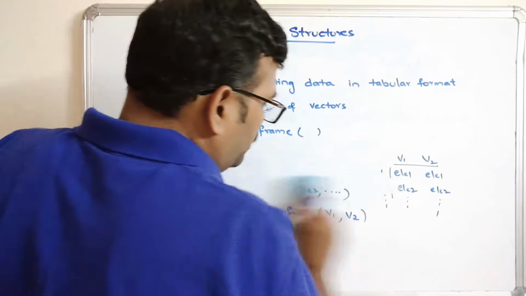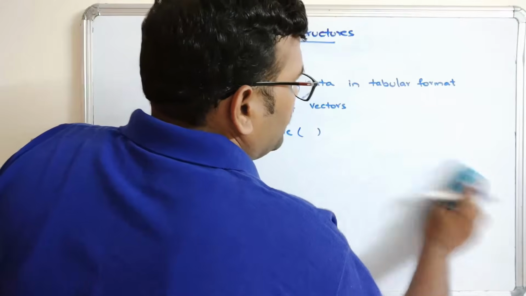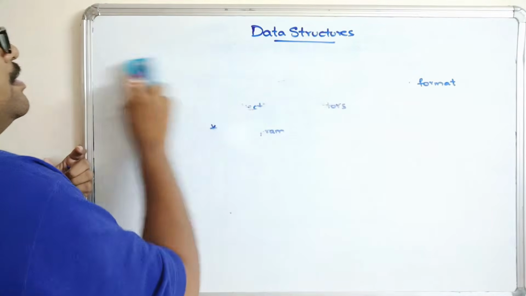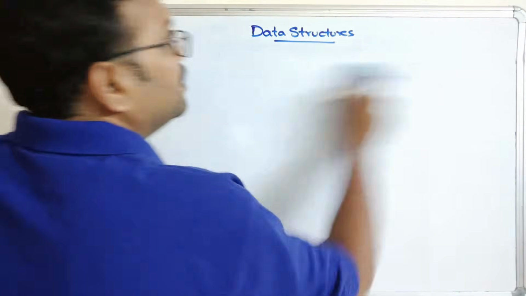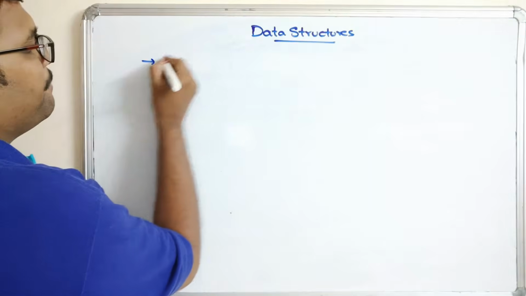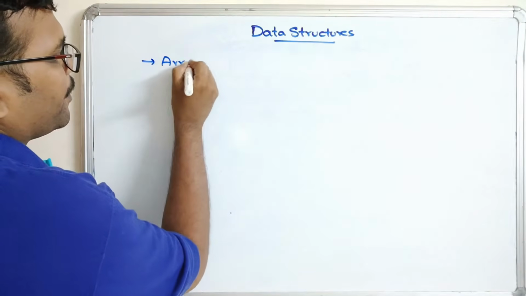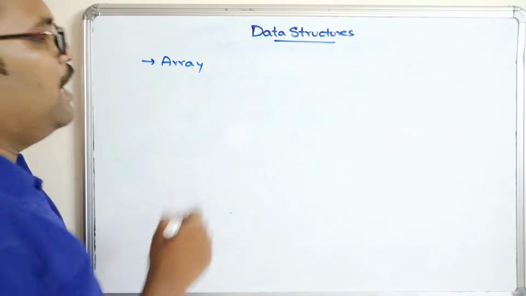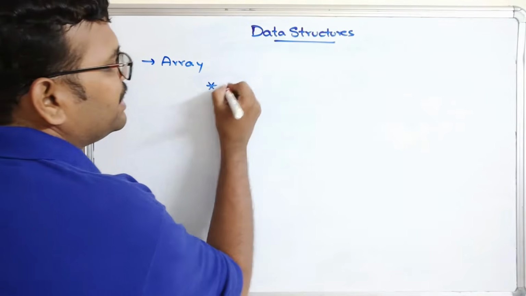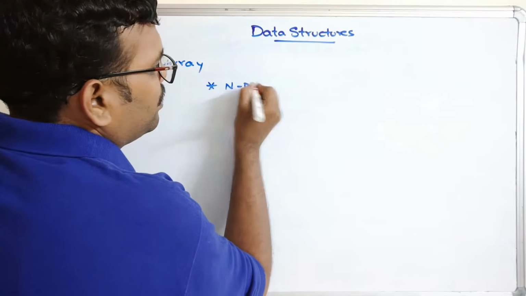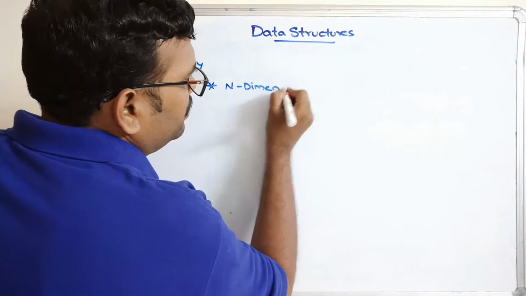Then the next one is an array. An array is an n-dimensional representation.